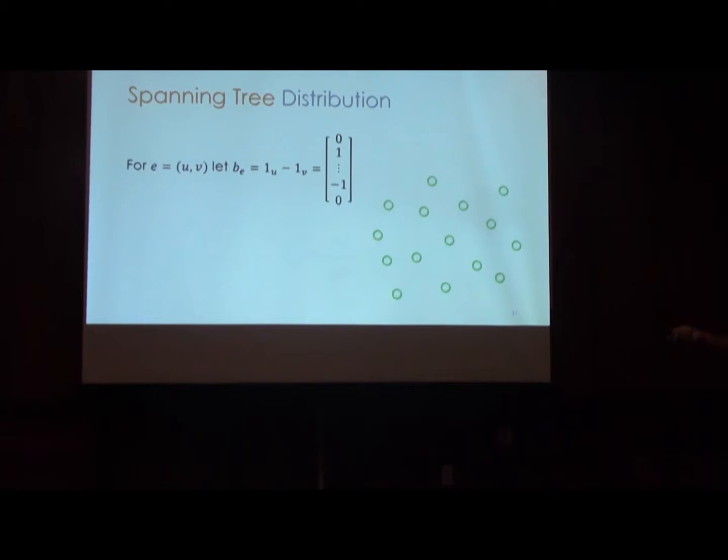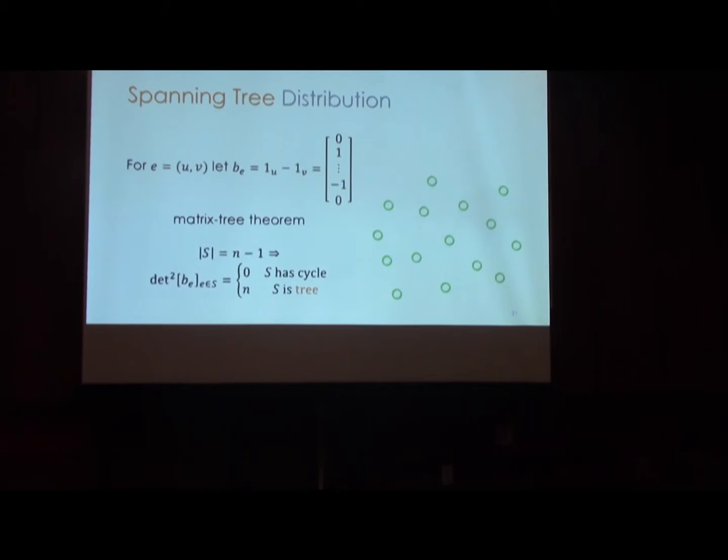One of the most interesting cases in combinatorics of determinantal point processes is the spanning tree distribution. Take these vectors. These vectors are standard in defining the Laplacians on graphs, and I already talked about that a little bit. To each edge, you assign a vector which is 0 at every point except the two endpoints of the edge, and in those entries, it's 1 and negative 1.